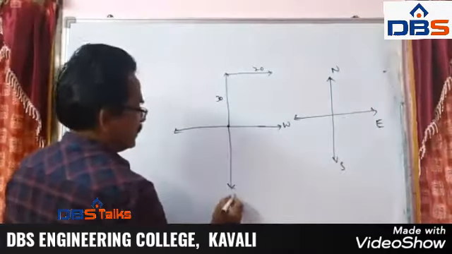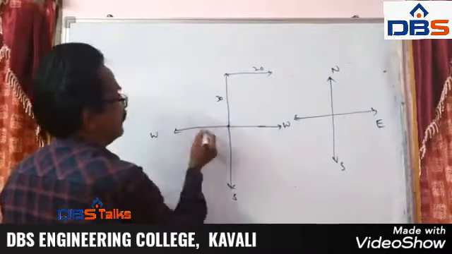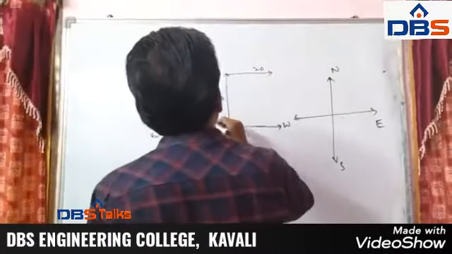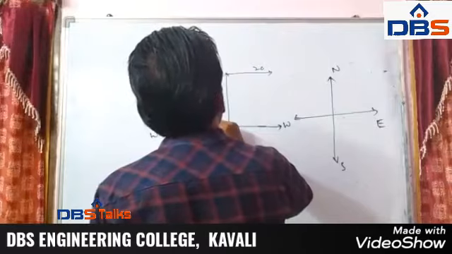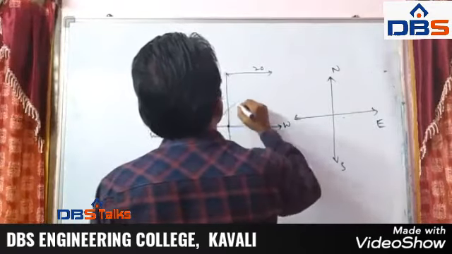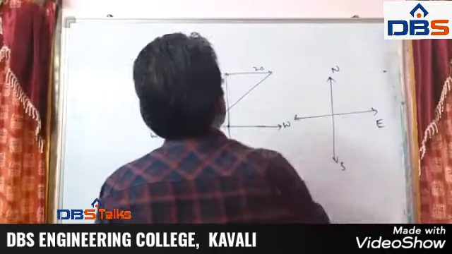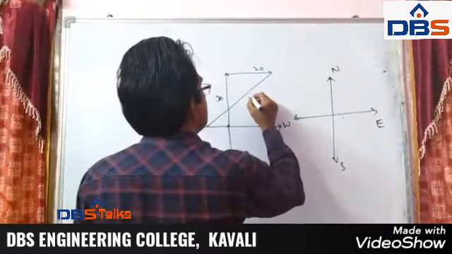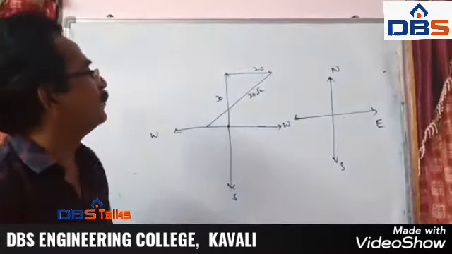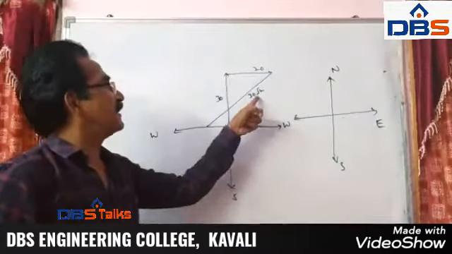This is south, this is west. So this person is moving in this direction. This is 30 root 2.